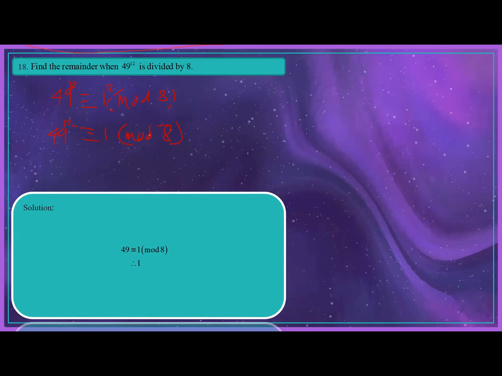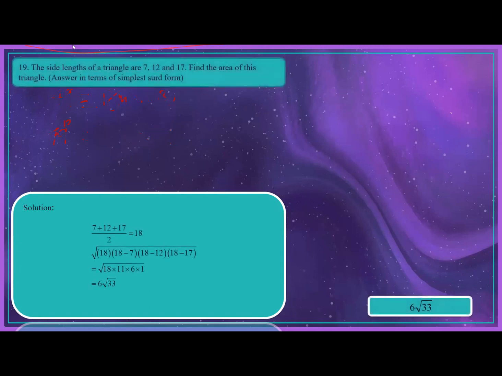Okay. So next, the side lengths of a triangle are 7, 12, and 17. Find the area of this triangle. So you're given the three sides. So basically use Heron's formula, which is area of a triangle is square root of s times s minus a times s minus b times s minus c, where a, b, c are the sides of the triangle and s is the semi-perimeter, which is equivalent to a plus b plus c divided by 2.